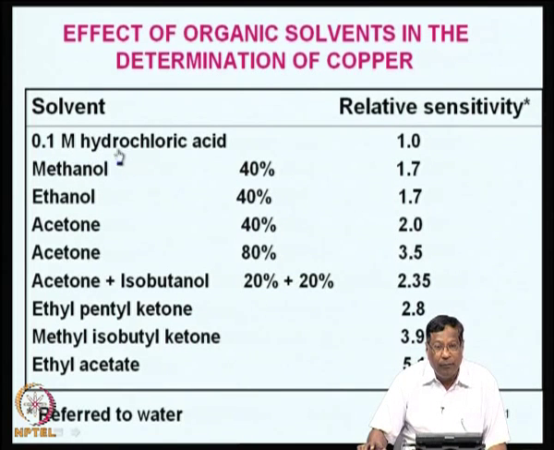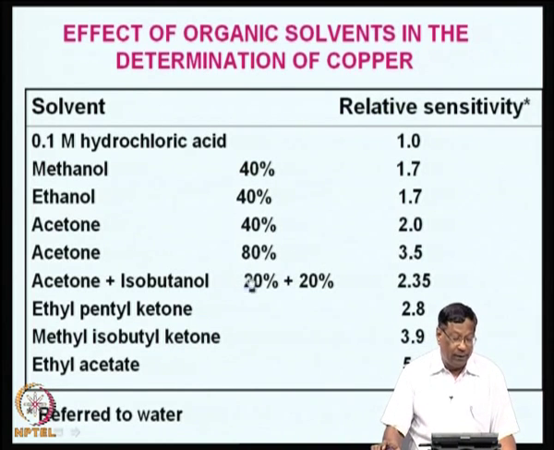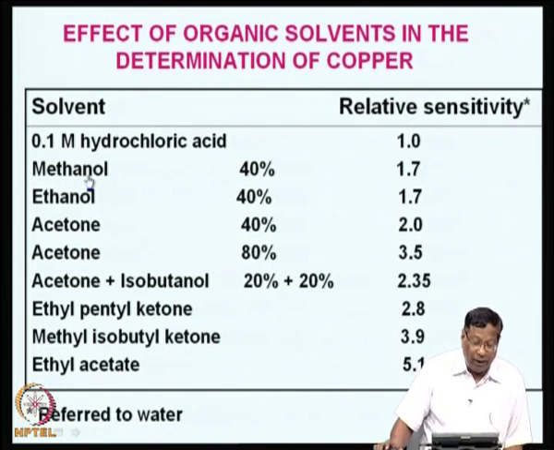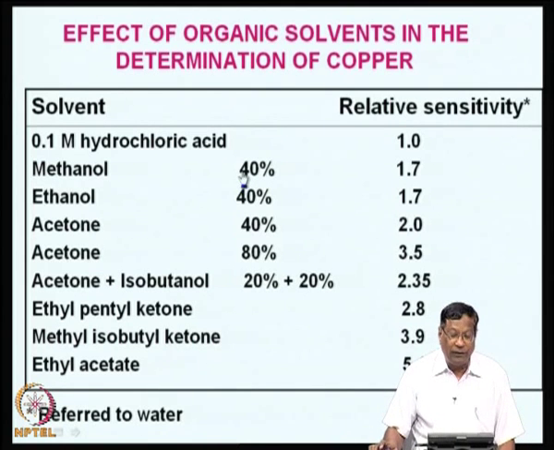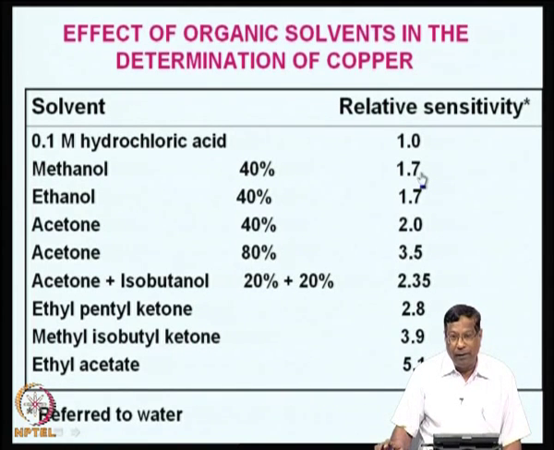This is for the determination of copper. Suppose you determine it in 0.1 molar hydrochloric acid, and assume this relative sensitivity is some value. Suppose you add 40% methanol to the same solution, you will get 1.7 times higher absorbance than 0.1 molar hydrochloric acid. Suppose you take acetone 40%, then the absorbance value would be twice that.